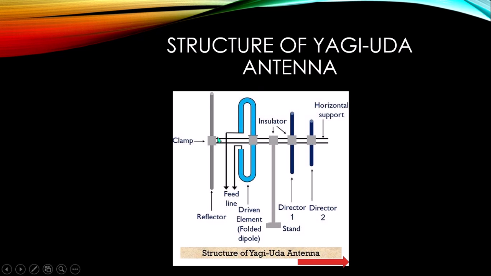As you can see here, this is the clamp and this is the feed line. We have the insulators here. And we have the three elements: the reflector, director, and driven element. Here the director is composed of two, one element driven, and one for the reflector.